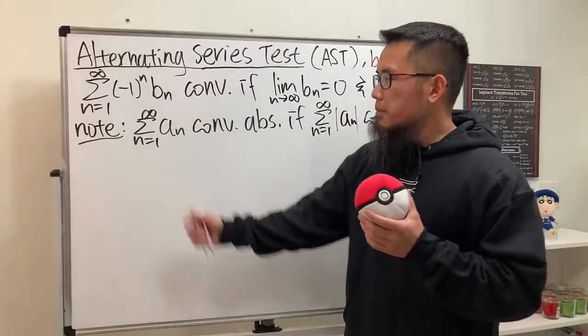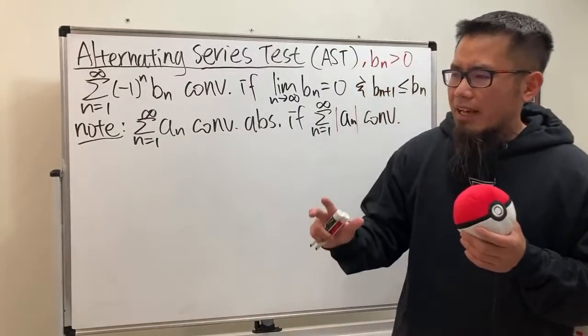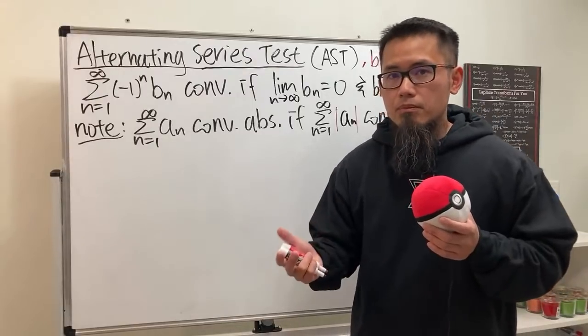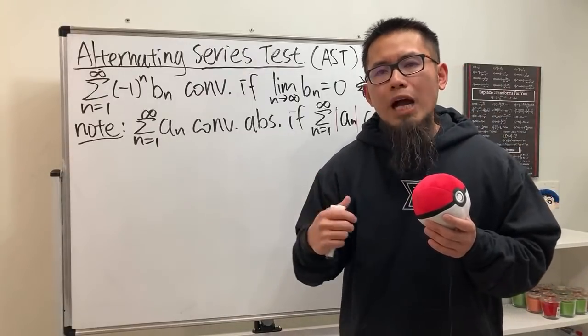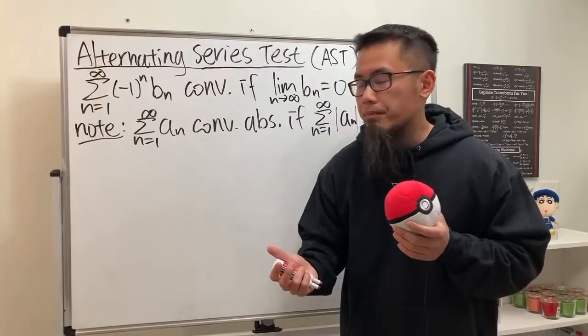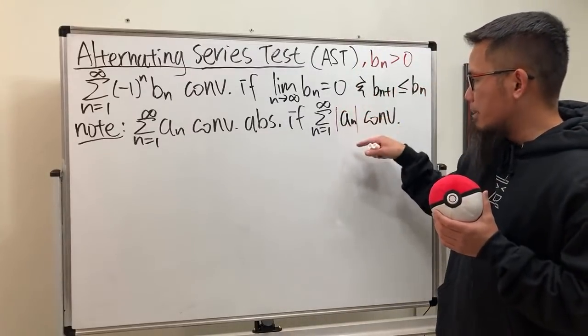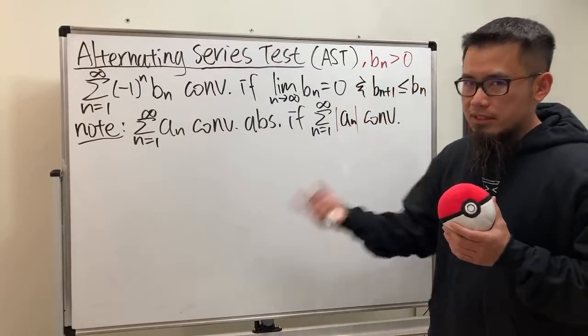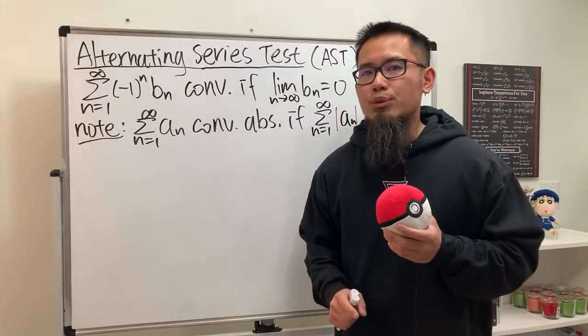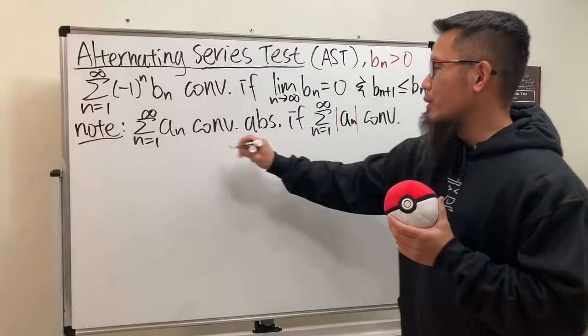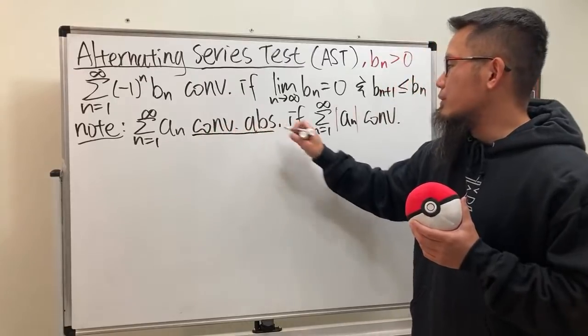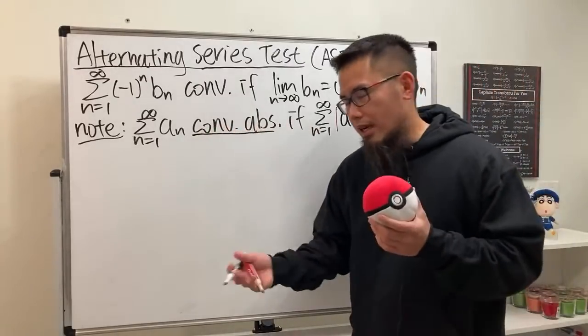So you see, sometimes when you have an, it might have some positive, negative terms. And when you have some negative terms, you will have a bigger chance to get convergent. But if you make everything positive, if it still converges, we say that it converges absolutely, all right? So that's what we mean by it converges absolutely, or absolute convergent, depends on how you want to say it.